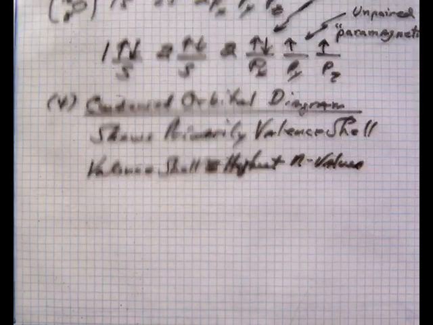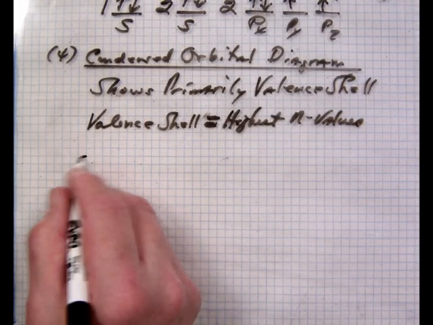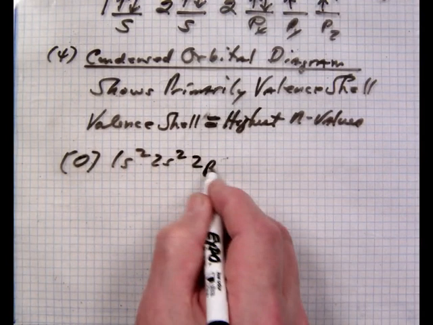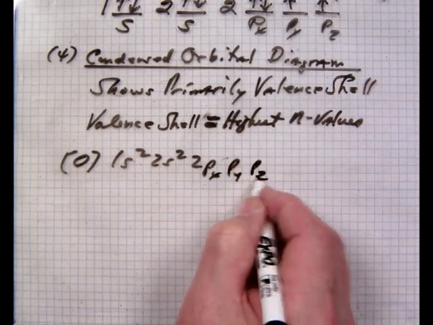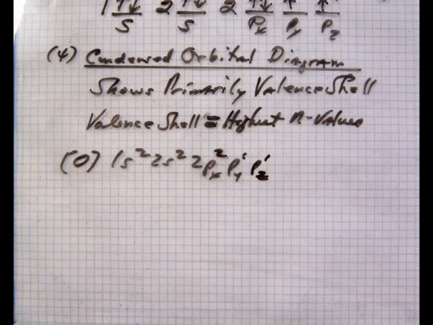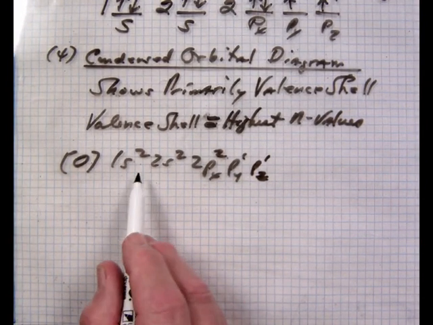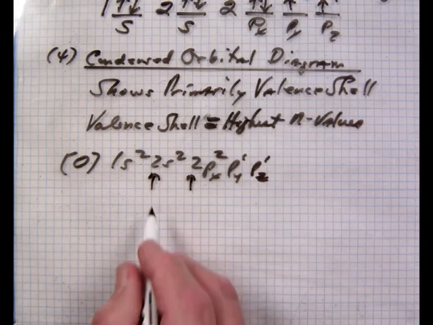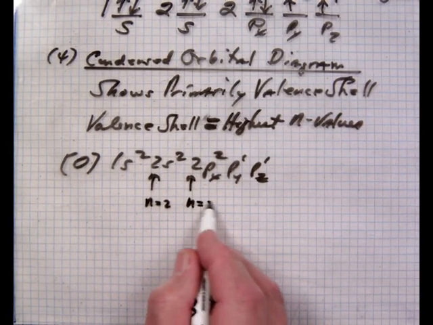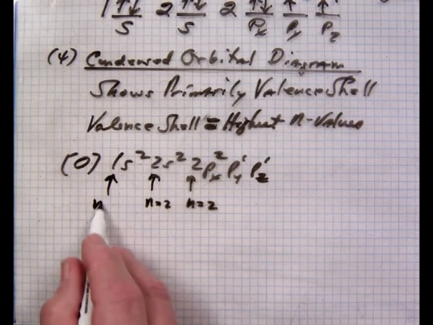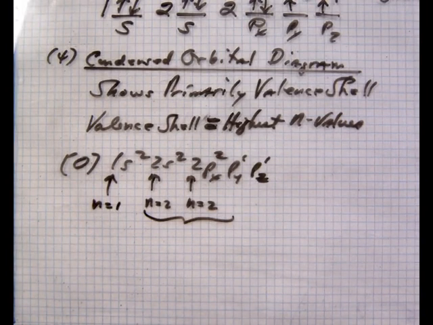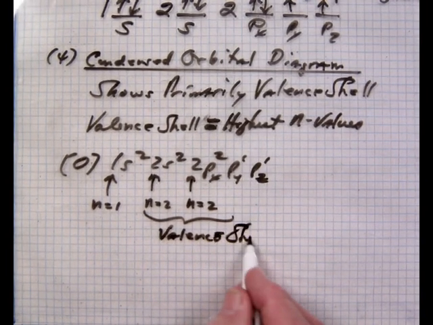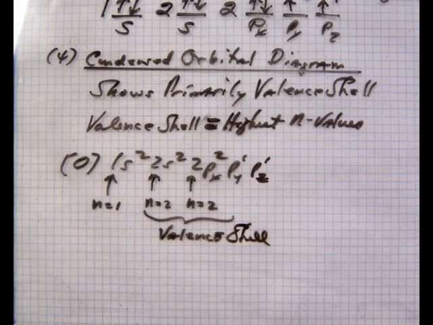Now here's the oxygen, 1s2, 2s2, 2px, py, pz, 211. The first number in here is your n value. N equals 2, n equals 2. Here, this one is n equal 1. This is the highest quantum number, so this is your valence shell. It's the outer shell.